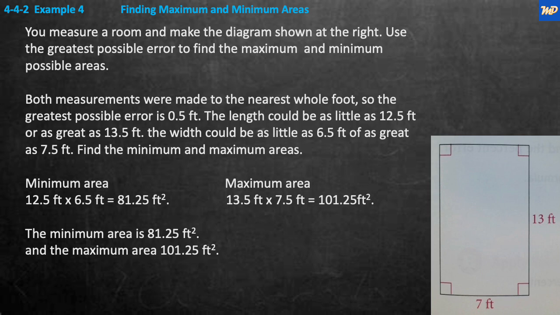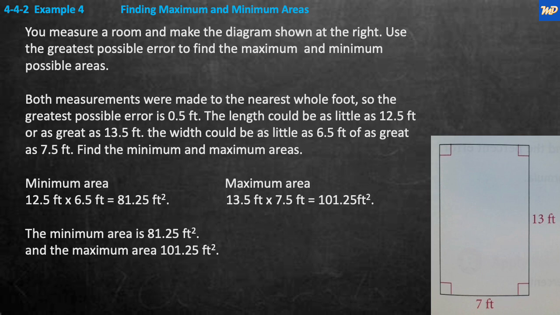And the maximum area is 13.5, not 12.5, not 13, but now it's the upper end, the 1/2 foot greater. 13.5 times 7.5. 7 was the original size that we measured, but you have to add that 1/2 foot on for the greatest possible error. So 13.5 times 7.5 feet is 101.25 square feet.